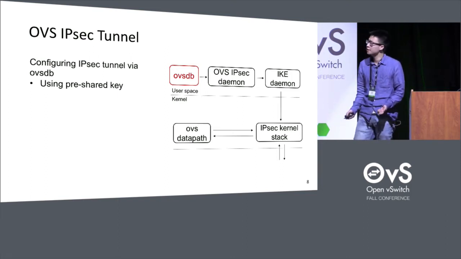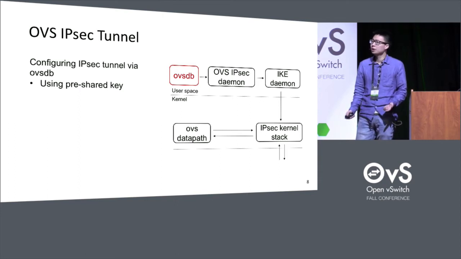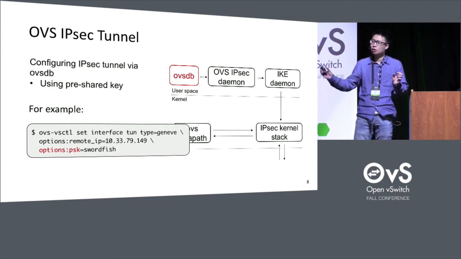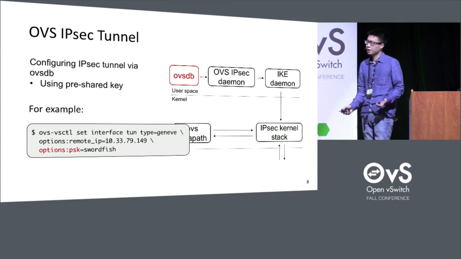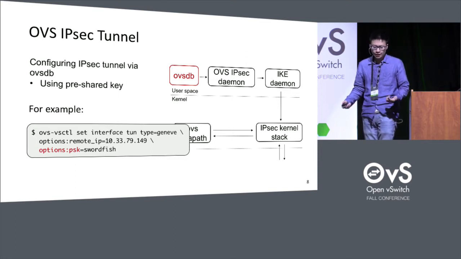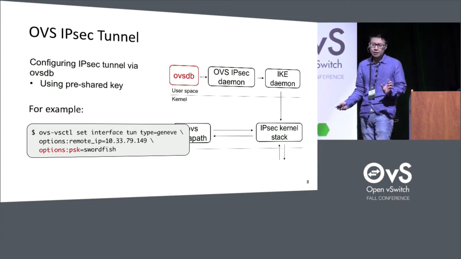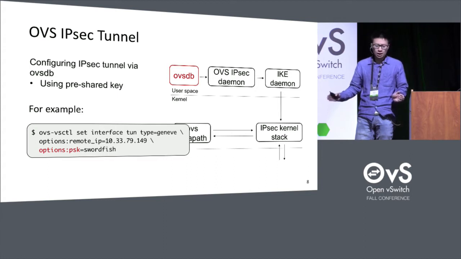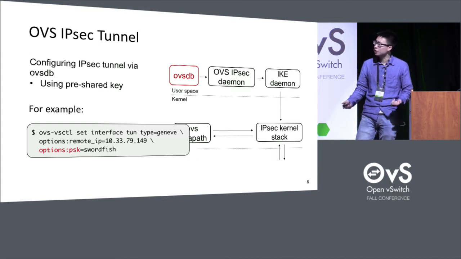The first authentication method is by using a pre-shared key. For a pre-shared key, basically the 2 hosts which want to build an IPSEC tunnel choose a shared secret called the PSK, and then they use the OVS-VSCTL command to specify it for a specific tunnel in the options field, giving the pre-shared key value.